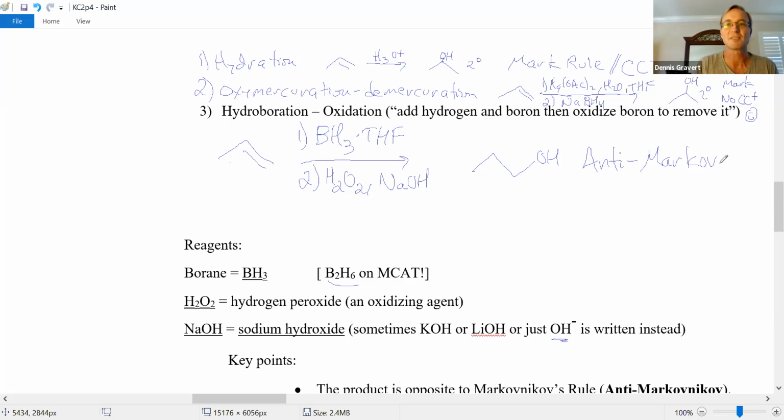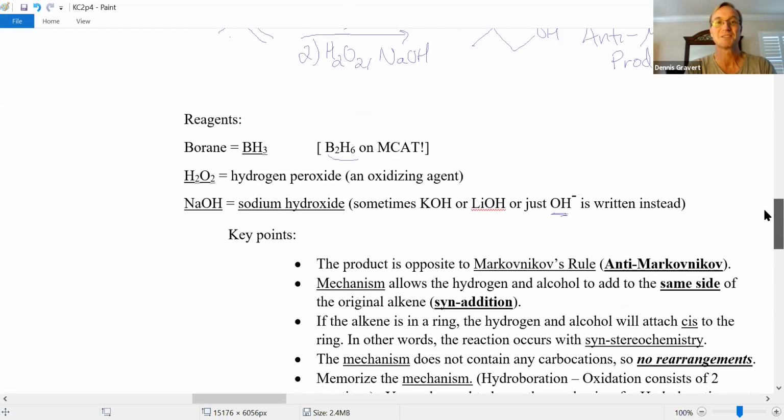So we got Markovnikov's rule, and now we have anti-Markovnikov's rule. Just get the opposite. So you'd say you get the anti-Markovnikov product. The product Markovnikov said you shouldn't get, yeah, but we changed the reagents. So now you can get this one. And high yield too, so very cool.